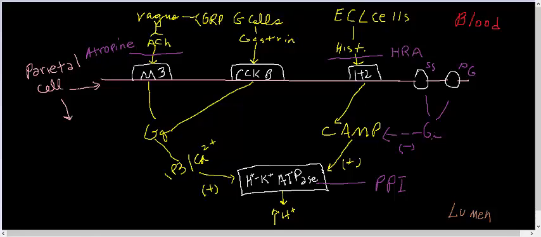So in review, we talked about the three main stimulatory factors for acid secretion in the stomach: acetylcholine, the effect of gastrin, the effect of histamine. And we also outlined the consequences of if we give a patient certain types of medication, such as atropine, where it blocks at this muscarinic receptor, or if we give a patient HRA, histamine receptor antagonist, blocks at the level of an H2 receptor, and these will be agents such as cimetidine or Tagamet.